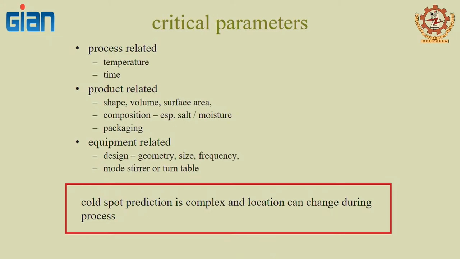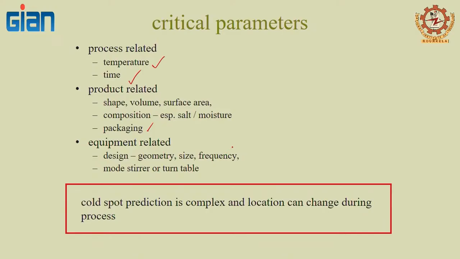So, in terms of critical process parameters, again microwave is a thermal process. So, we always talk about temperature and time as the primary process parameters. In addition to that, you also have shape, volume, surface area, packaging can play a role, and the geometry of the design of your equipment can play a role.